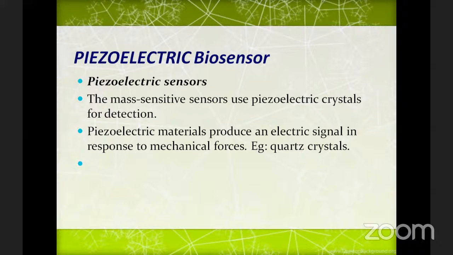Even if it is micro or nano levels of mass, there will be a change in the frequency of the oscillations of the piezoelectric crystal. As we know, if mechanical vibration is given to the piezoelectric sensor, the sensor can convert it into an electrical signal, and the frequency variations are used to detect the quantity or the concentration of the analyte.